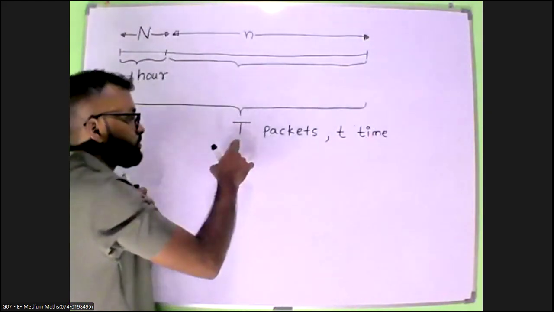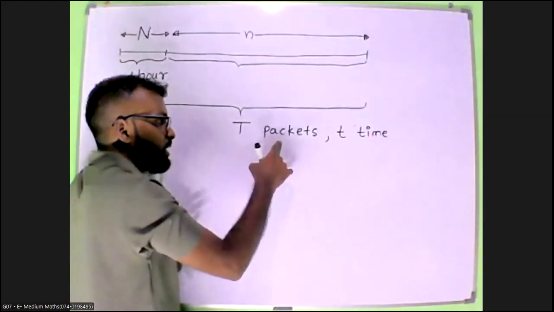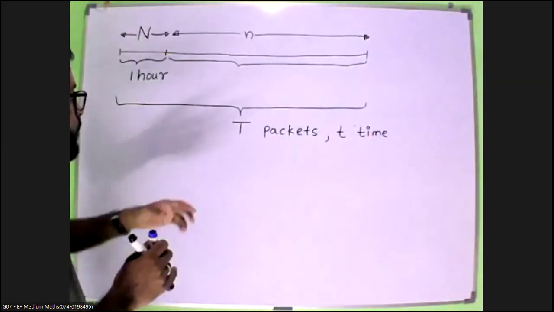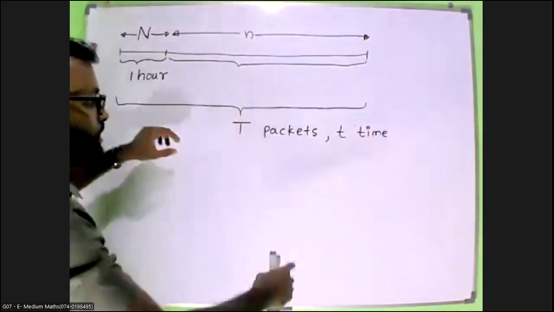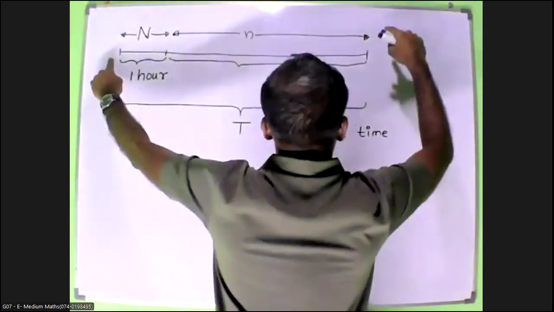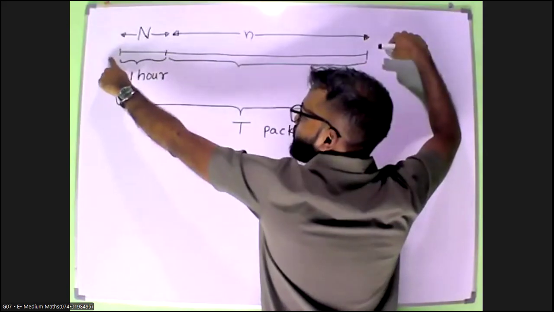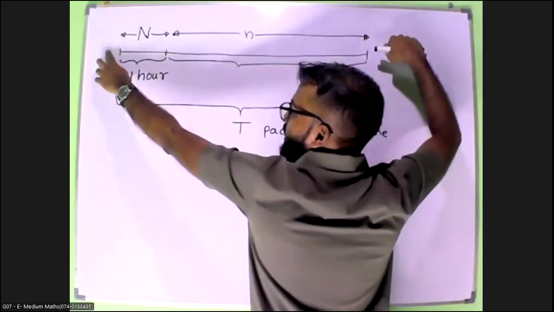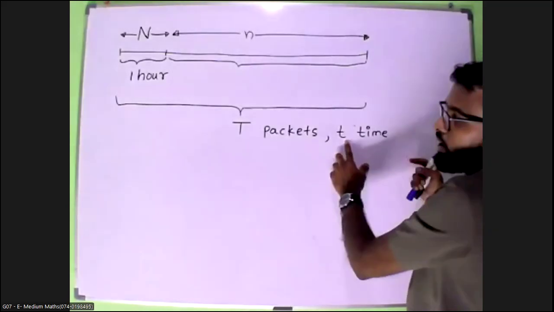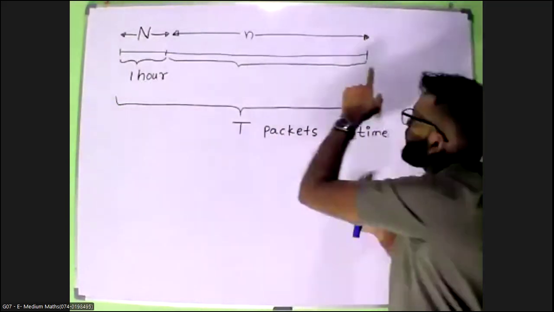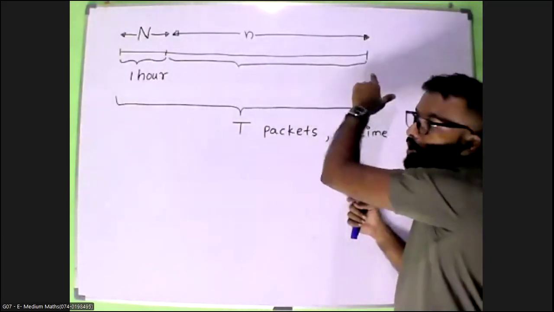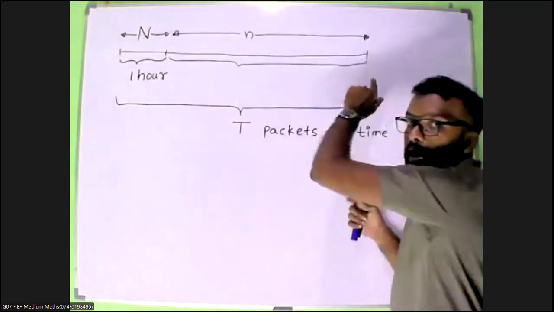This is the total number of packets and this is the total time. So this time is small t, let's say from 8 a.m. to 5 p.m. This small t is from the starting point to the end point.